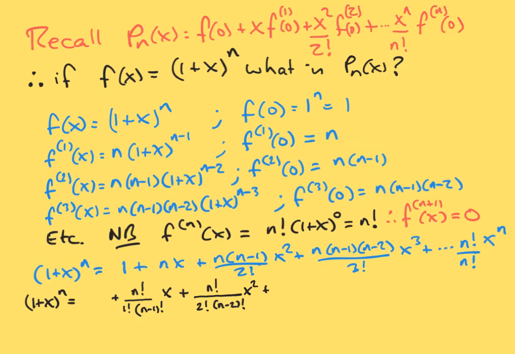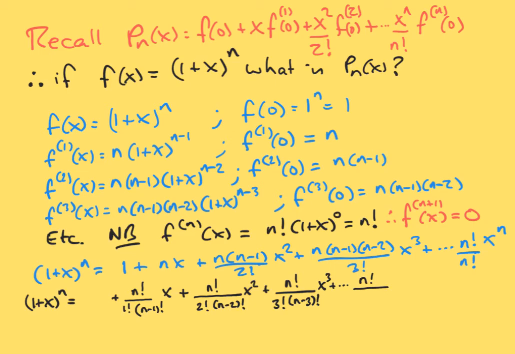And in a similar way, the next term is n factorial over 3 factorial, which comes from the formula here, times n minus 3 factorial. And again, you can convince yourself that this divided by that is n times n minus 1 times n minus 2, and that's going to be multiplied by x cubed plus n factorial at the end.